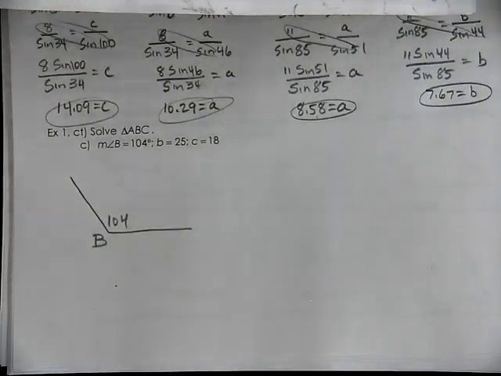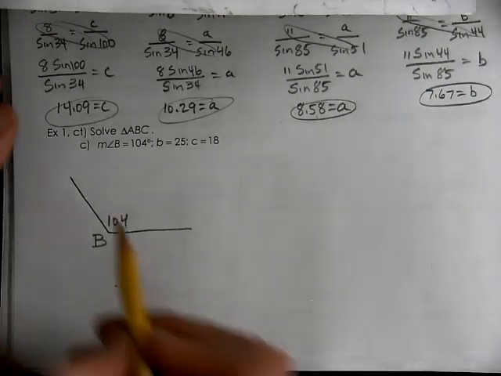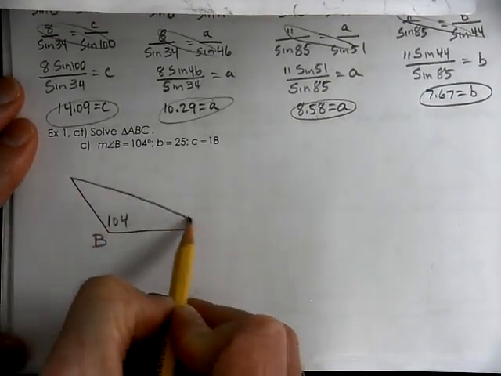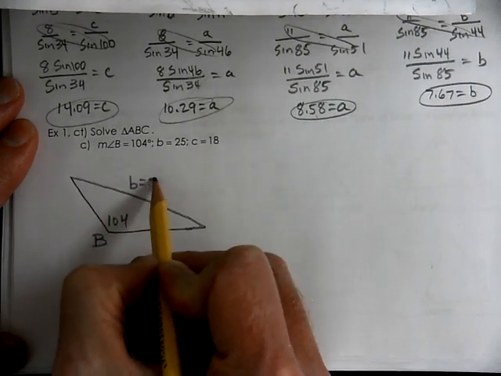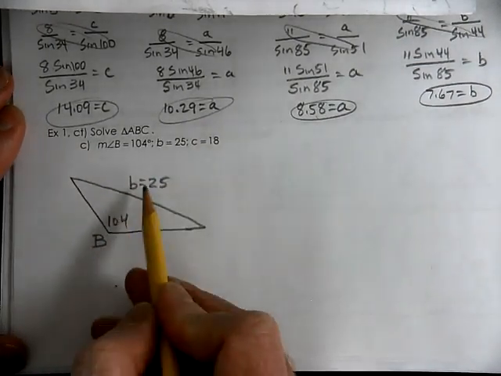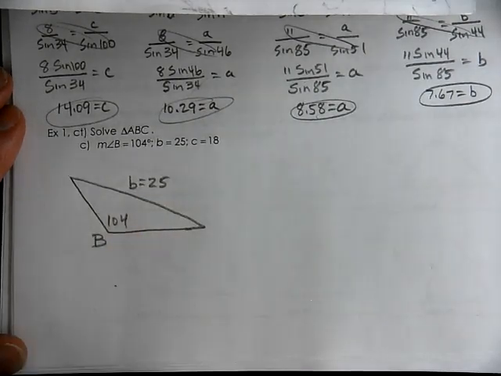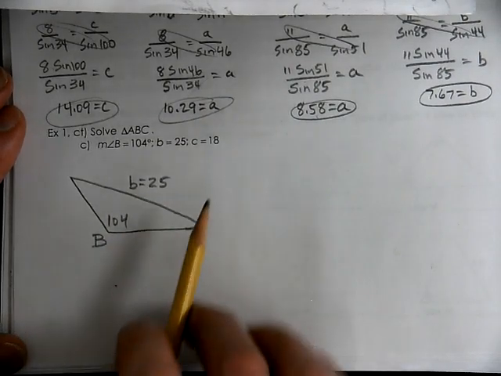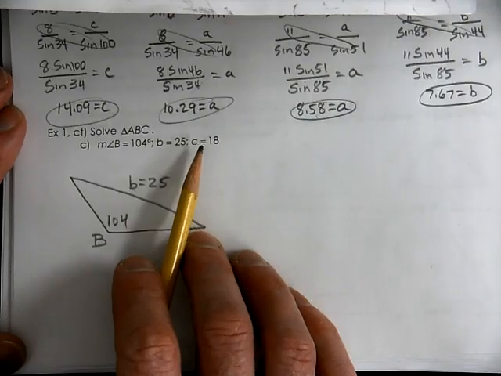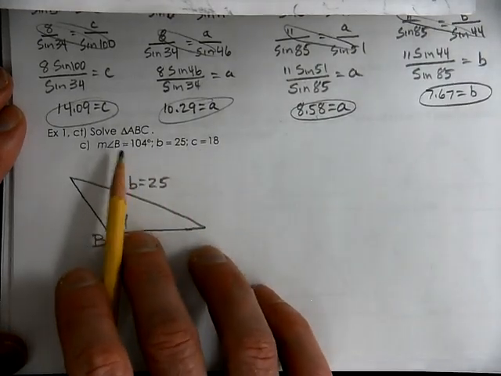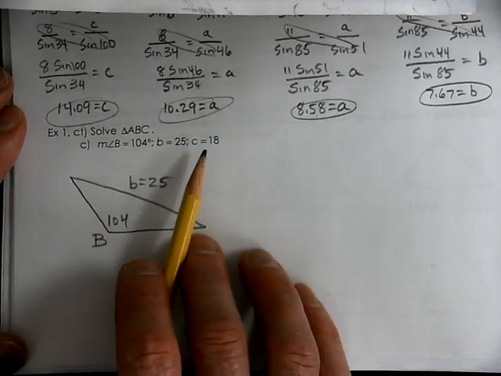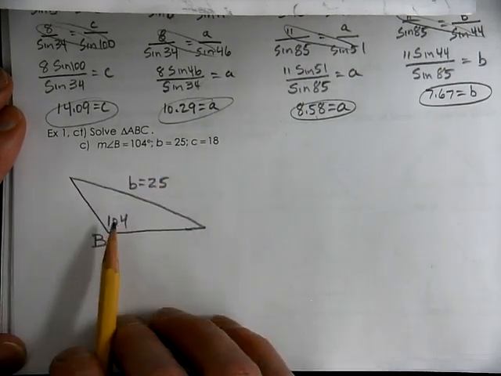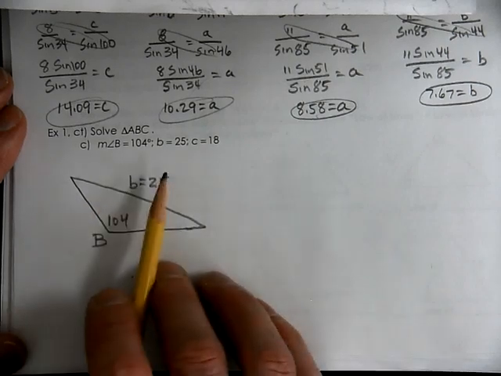So I'm going to put it down here on this side. It has a side that we're given. So that has to be across from angle B. Now where should we put C? Well, notice here, they're giving us an angle, a side, and another side, so we could write it in either spot.